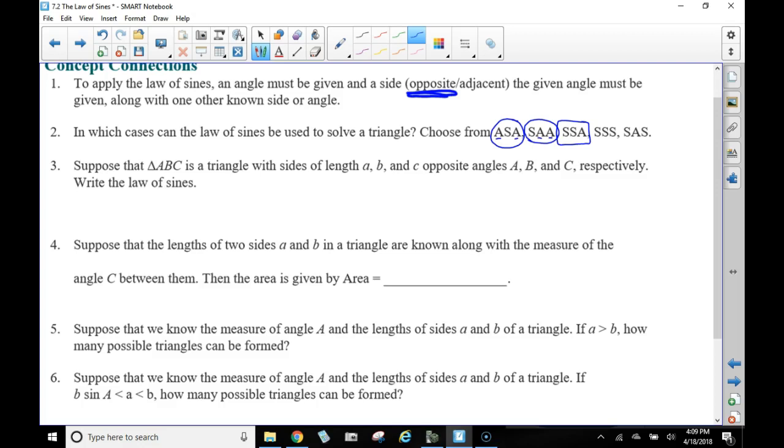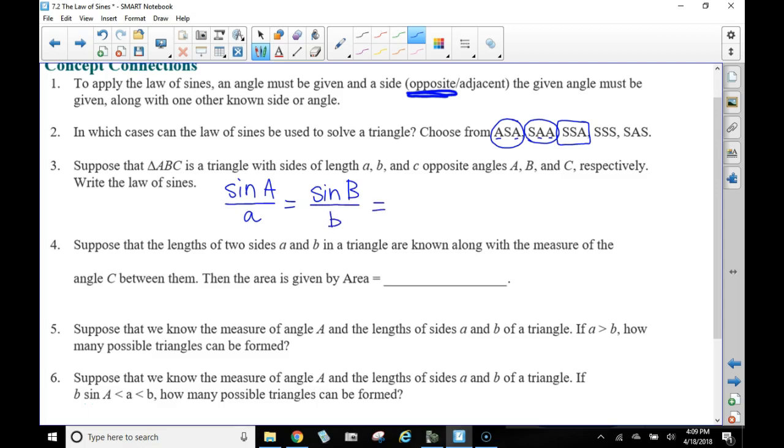ambiguous case. Now number 3, it says to suppose that triangle ABC has sides of length a, b, c and opposite angles A, B, C, respectively. Write the law of sines. I like this form. The sine of angle A is to side a as the sine of angle B is to side b.